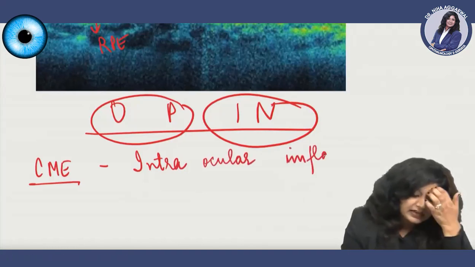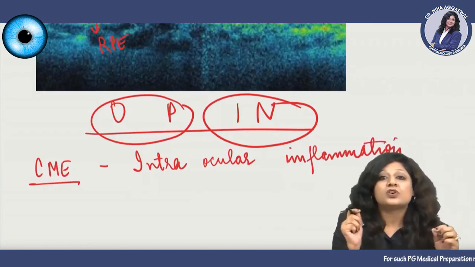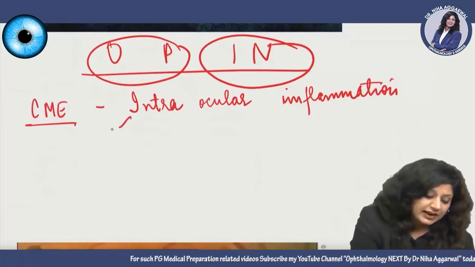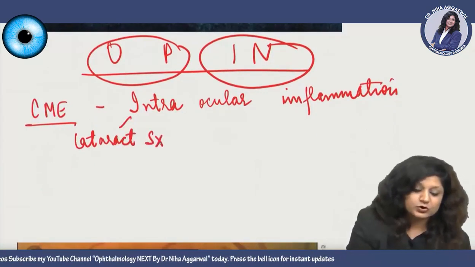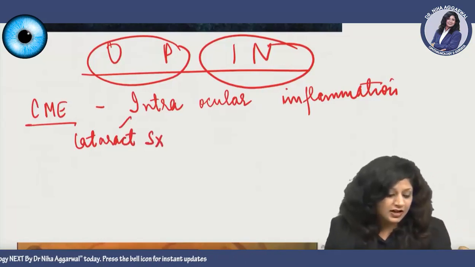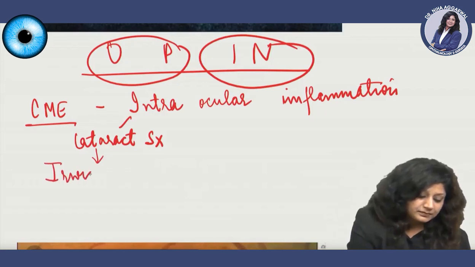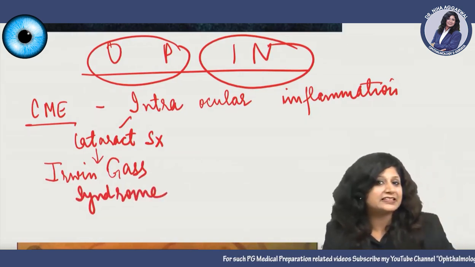This intraocular inflammation can be due to any surgery, but cataract surgery is most commonly done. So for cataract surgery, what is the special name here? That is the Irvine-Gass syndrome. So it can occur due to cataract surgery, and there it is called the Irvine-Gass syndrome.